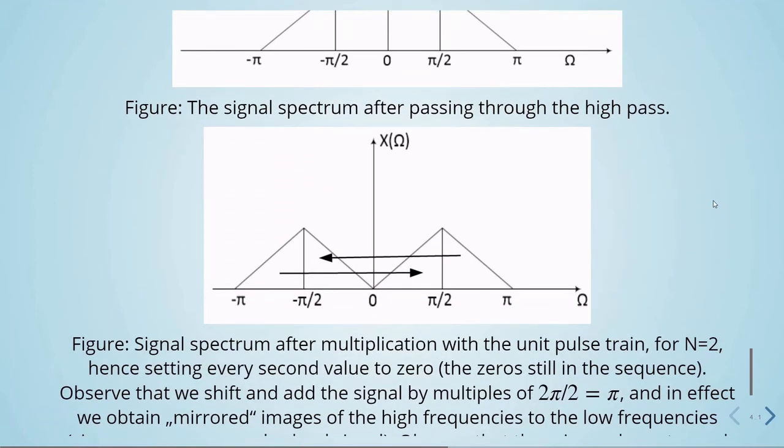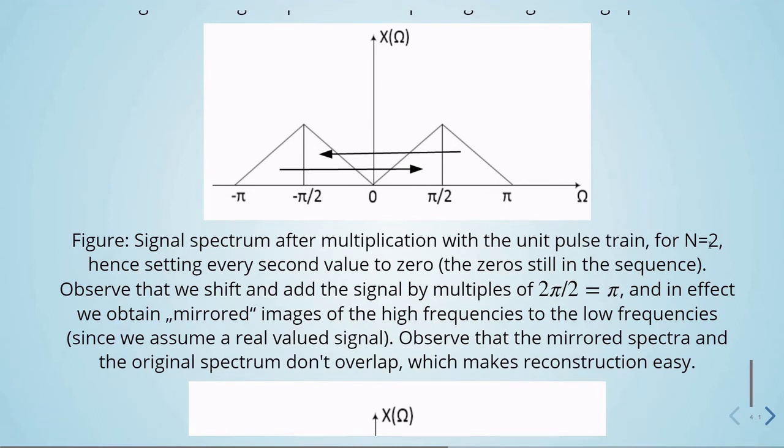And then there's the signal spectrum after the multiplication with the unit pulse train, when you're using N equals 2. So we are setting every second value to 0, and the zeros are still in the sequence, and we have a shift and add of the signal by multiples of 2 pi divided by 2, which is equal to pi, and in effect we obtain mirrored images of the high frequencies in the low frequencies.